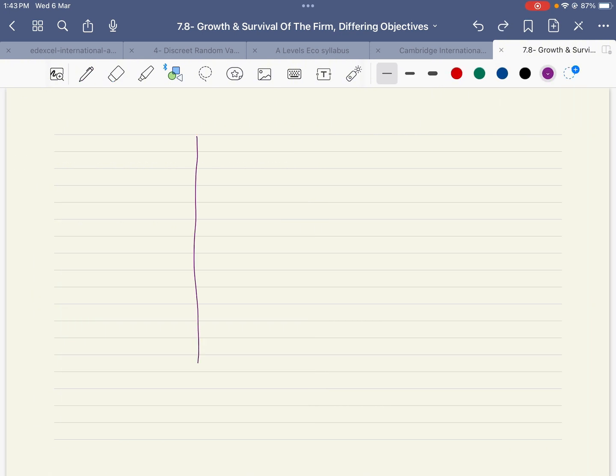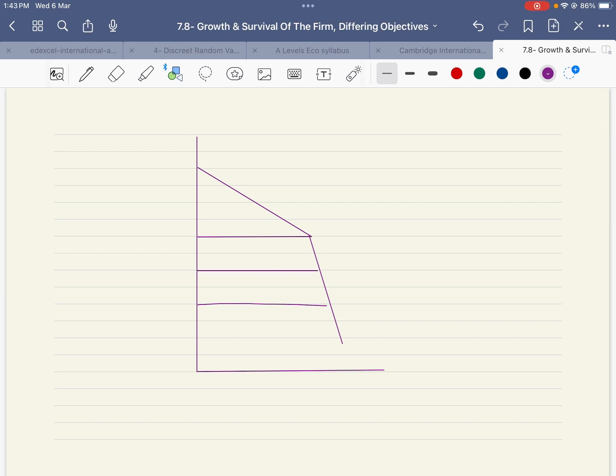Talking about the kinked demand curve and observing what happens to the revenue, let's just look at the average revenue curve. This is the most feasible price for firms operating within the oligopolistic structure because if firms try to reduce prices, if firms try to operate here in the inelastic part of the curve, it's not going to make much of a difference on the revenue because a big change in price results in a very small change in quantity, whereas the change in price is extremely big.